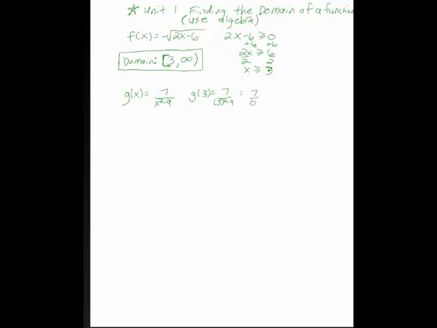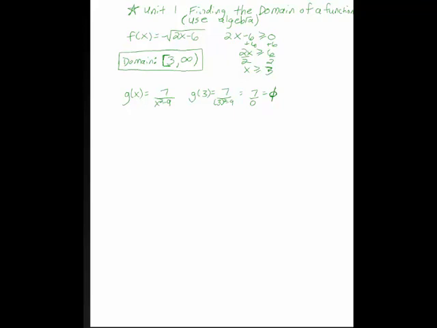That equals 7 over 0. Well, 7 over 0 is undefined. That does not exist. The 0 with the slash through it stands for the empty set, no solution, does not exist. So 3 would not be a number that is in my domain, because if I plug it in, I'm not getting a real number back.